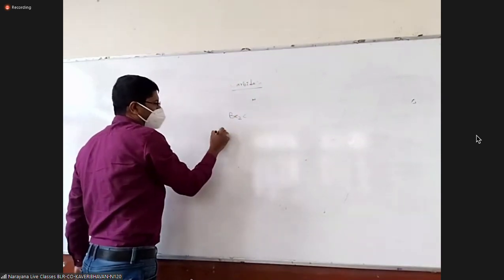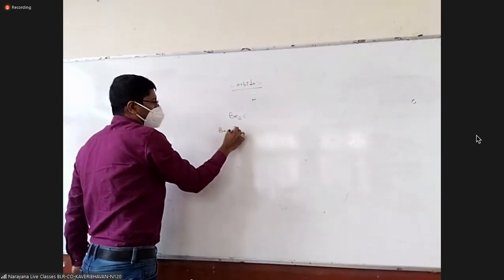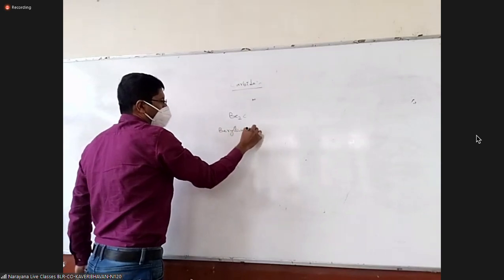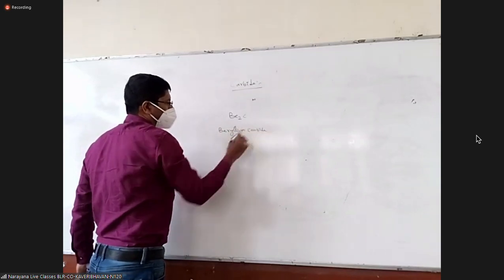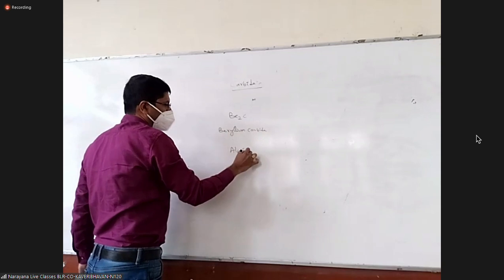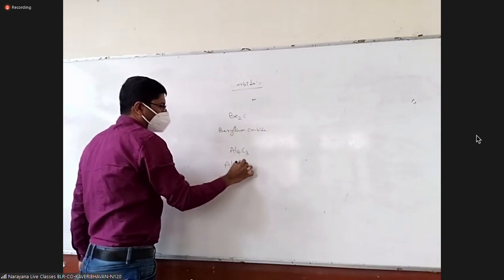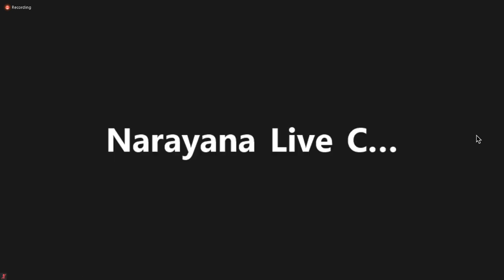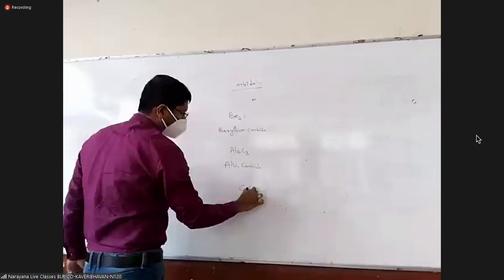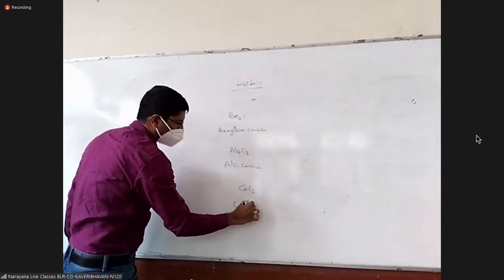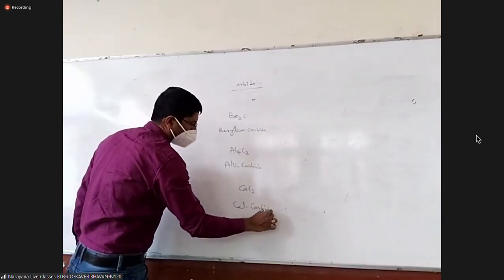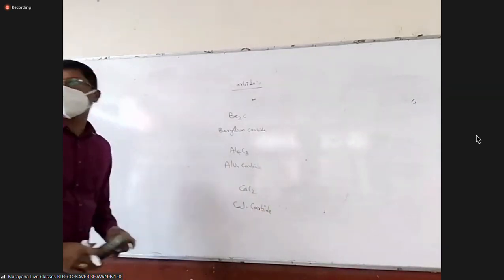What is the name? Beryllium carbide. Al4C3, aluminium carbide. CaC2, calcium carbide. Listen here, these properties.